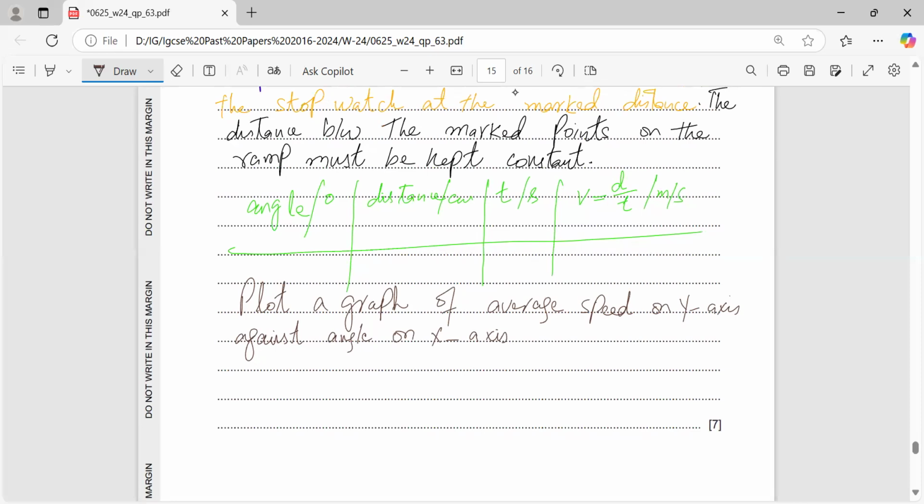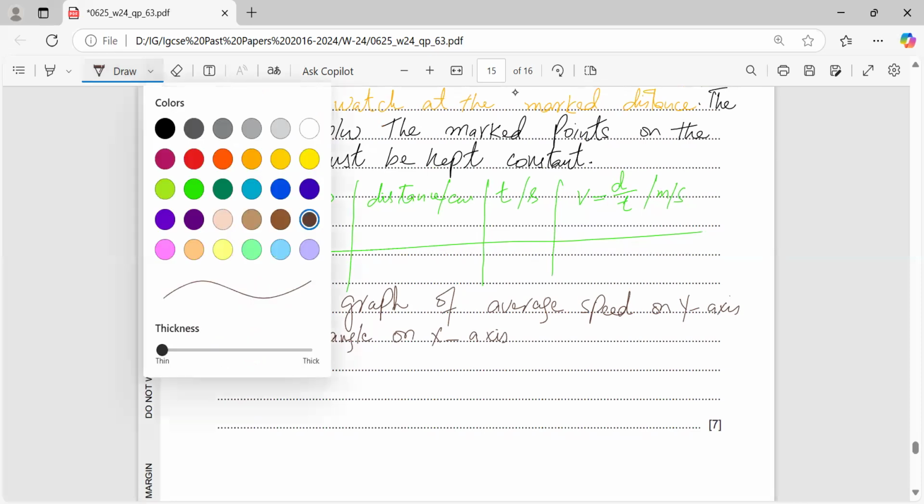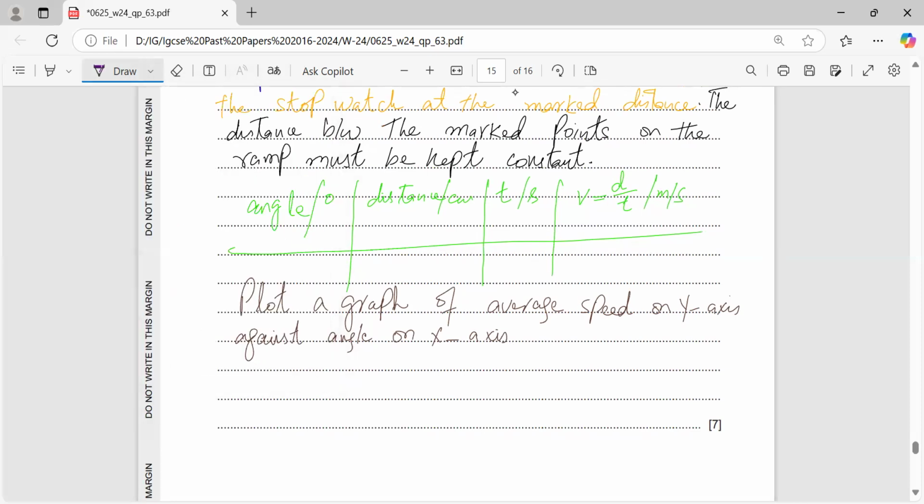You can always add one thing when you are plotting a graph: you need a lot of values. So repeat the experiment. Last one, you can write that repeat the experiment to get at least 5 sets of data. They did not ask this one, but as a precautionary measure you can write this also.